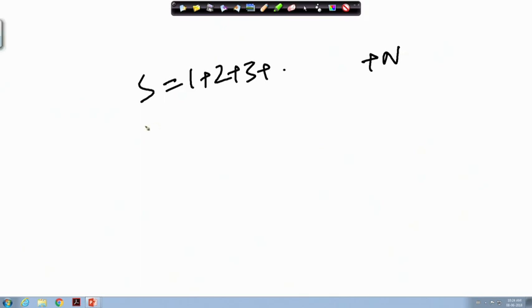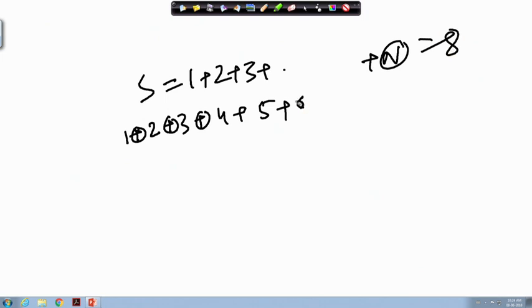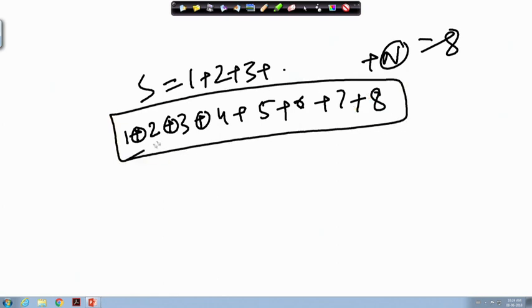So, this means what? 1 is added with 2, then that is added with 3, then with 4, then with 5. If I consider, let us say, n equals 8, then 5, 6, 7, 8. So, these 8 numbers I have to add. What can we do?